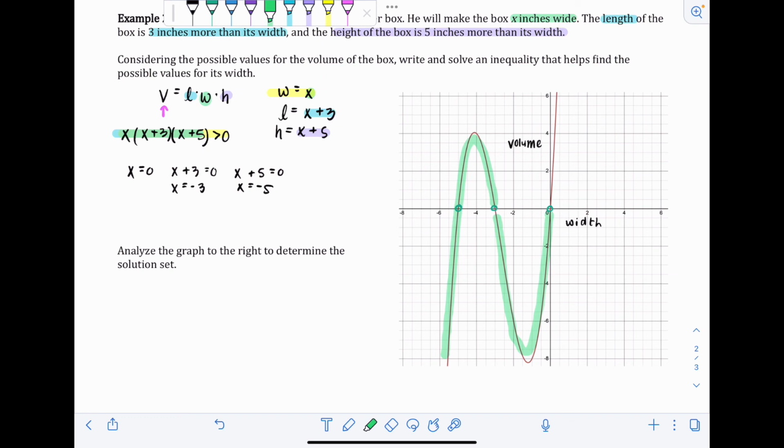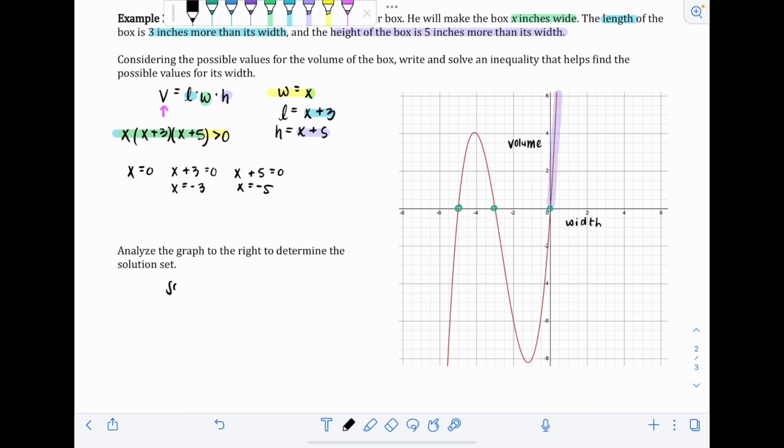Even though they're on the graph, we have to think back to the context. So the only part of the graph that is within the solution set for this problem would be this section over here. And relating it back, that's the section of the graph where the width is positive, and the volume is positive.